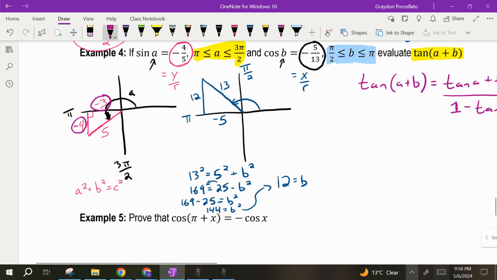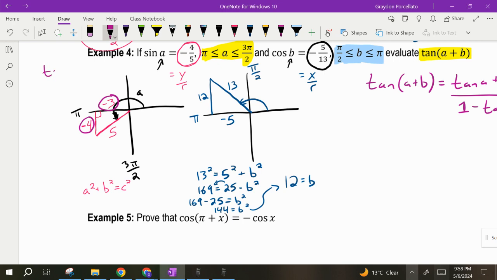So that means the tan of A is equal to -4 over -3. And the tan of B is equal to opposite over adjacent, 12 over -5. So I know what tan A is. Boom. I know what tan B is. Boom. So let's sub all of those values in.